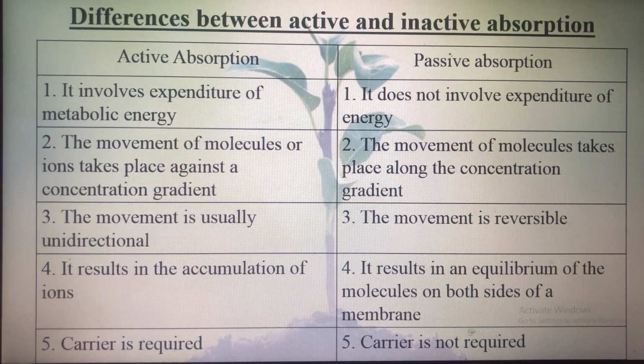During active absorption, the movement is usually unidirectional, but in passive absorption, the movement is reversible. Active absorption usually results in the accumulation of ions, but passive or inactive absorption results in an equilibrium of the molecules on both sides of the membrane. Sometimes during active absorption a carrier is required, but in passive absorption, no carrier is required.